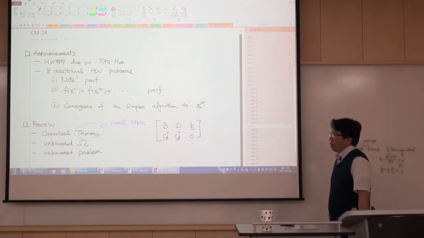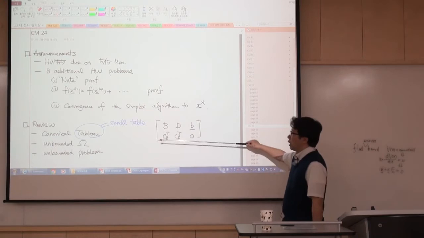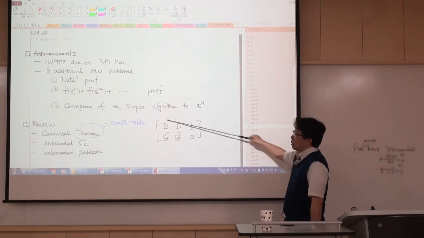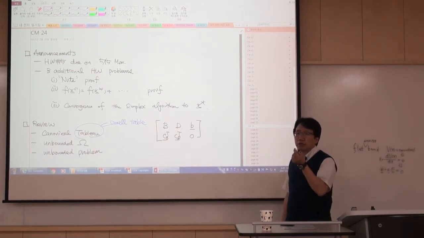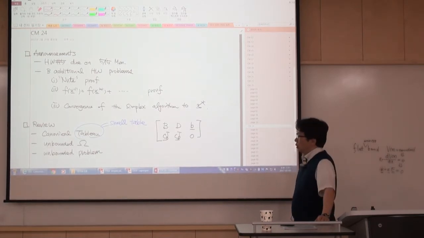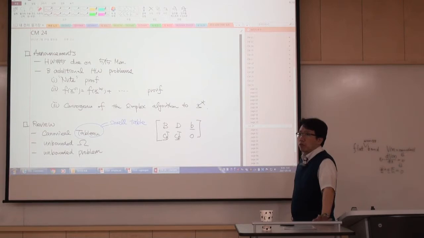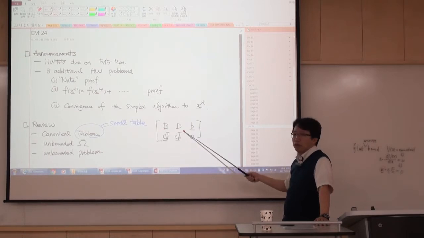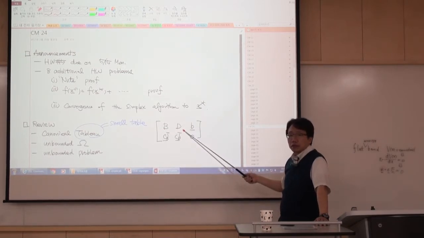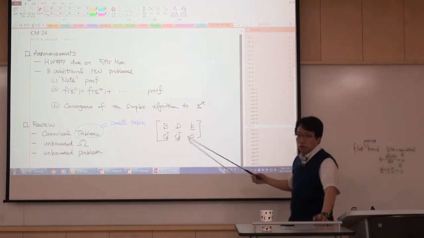And our canonical tableau is obtained by performing elementary row operations to find our first initial point. Without loss of generality, let's assume that we use the first m columns of the A matrix to obtain a starting basic feasible solution.